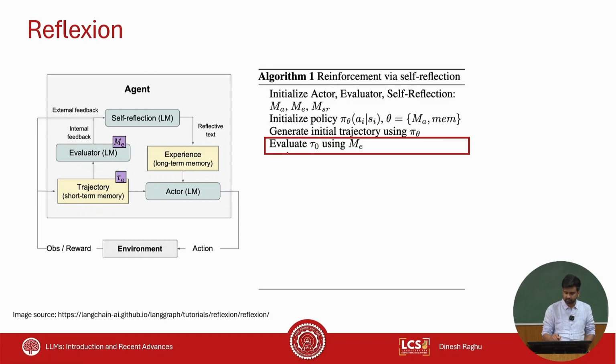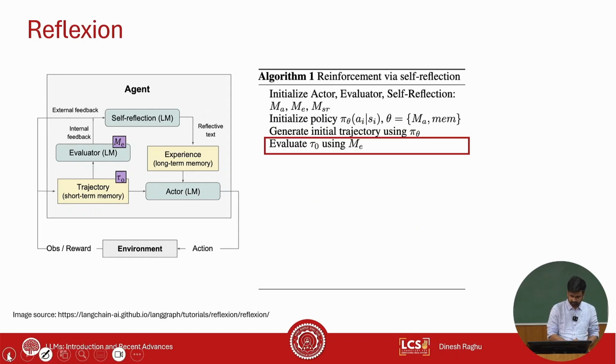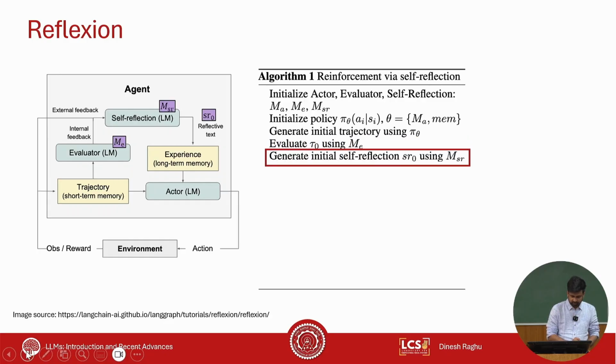The entire trajectory tau is fed into the evaluator, and the evaluator will give you feedback, and that feedback along with some other details is provided to the self-reflection model, which will give you a text-based reflection.